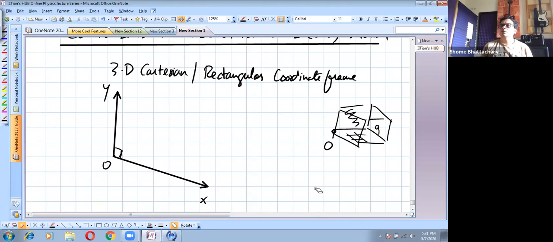Okay. So you can actually even think of it like this. In the diagram I've shown on the side, instead of this point, take this point as your origin. Okay. So this is your x-axis and this is your y-axis. Then correspondingly, this edge will become your z-axis.